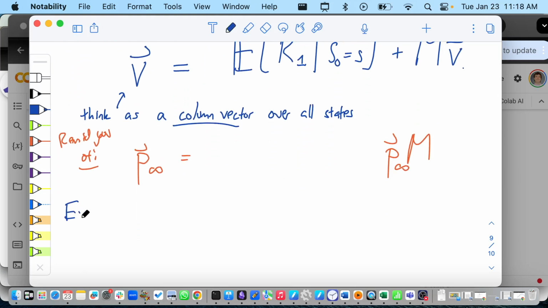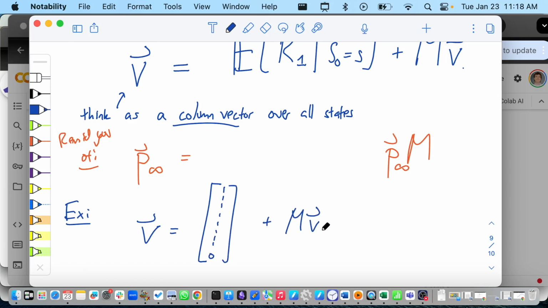So in our example, what you get is the equation V equals 1, 1, 1, 1, 1, 1, 1, 1, 1, the nine ones, and then a 0, plus M times V. That's our snakes and ladders example, where you get a 1 every time you're in states 0 to 8.